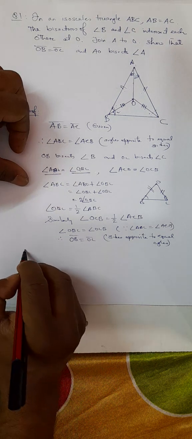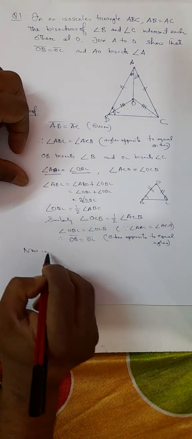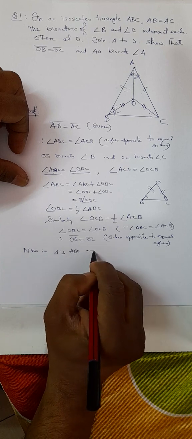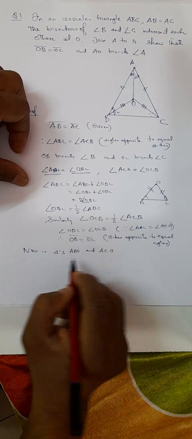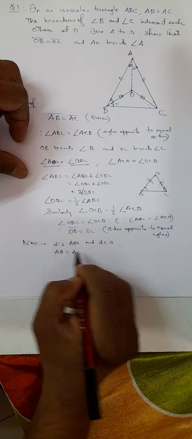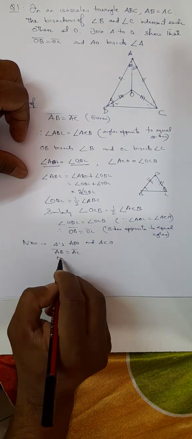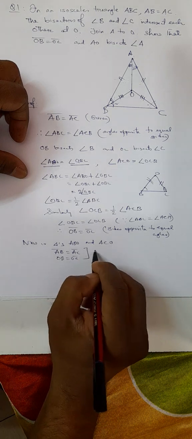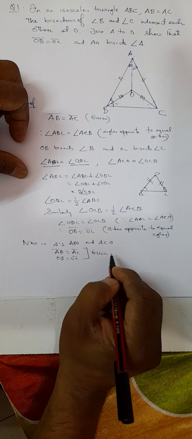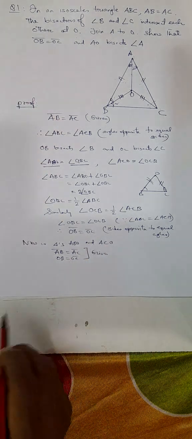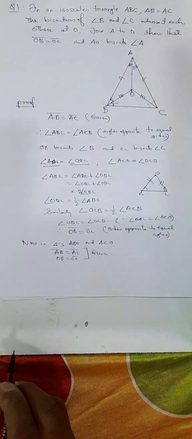Now in triangles ABO and ACO, we find that AB equals AC and OB equals OC. OB equals OC is already proved, AB equals AC is already given.